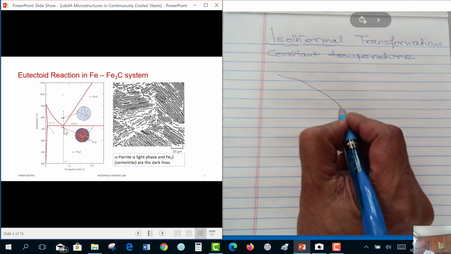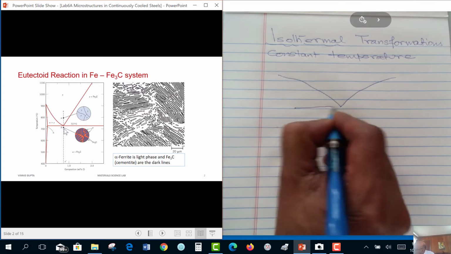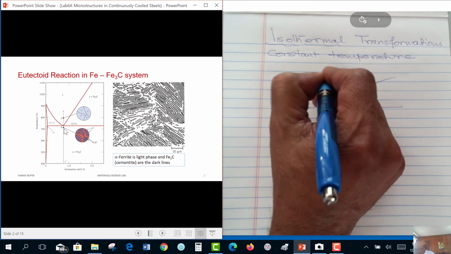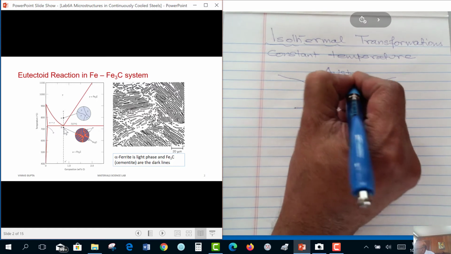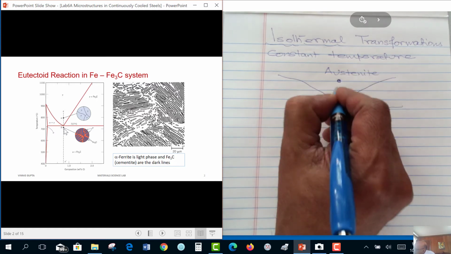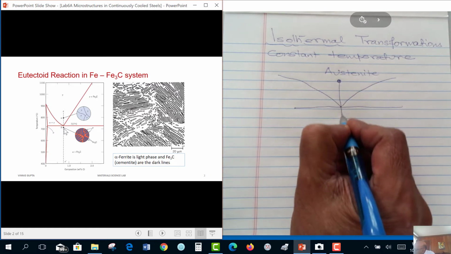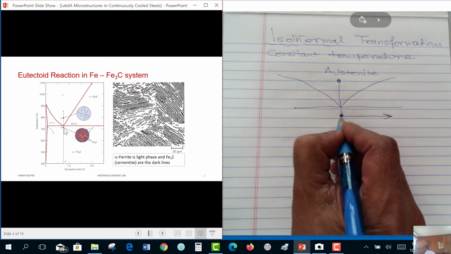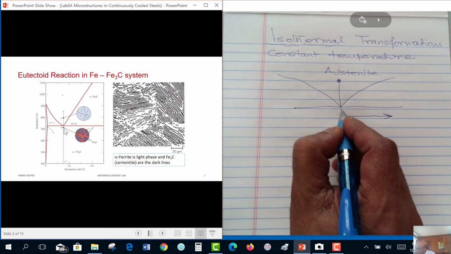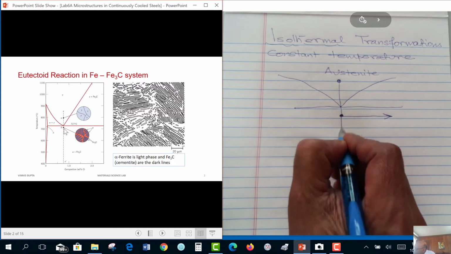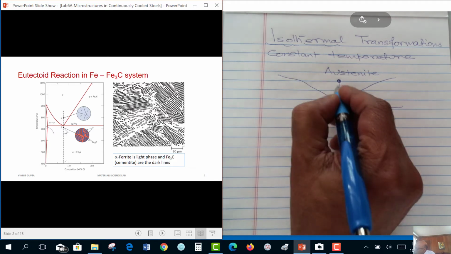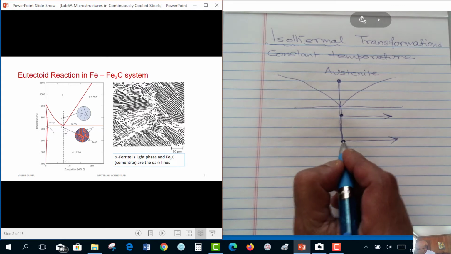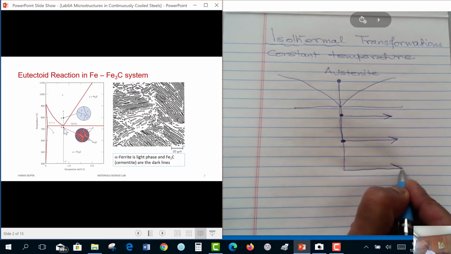So what we are doing is, when we cool through this eutectoid reaction, previously we cooled very slowly. Now we have got austenite here, single phase, and we are going to cool it very fast and hold it at different temperatures. So we'll hold it at a temperature very near the eutectoid temperature, maybe cool it very fast and hold it at another intermediate temperature, and then maybe a very, very low temperature.